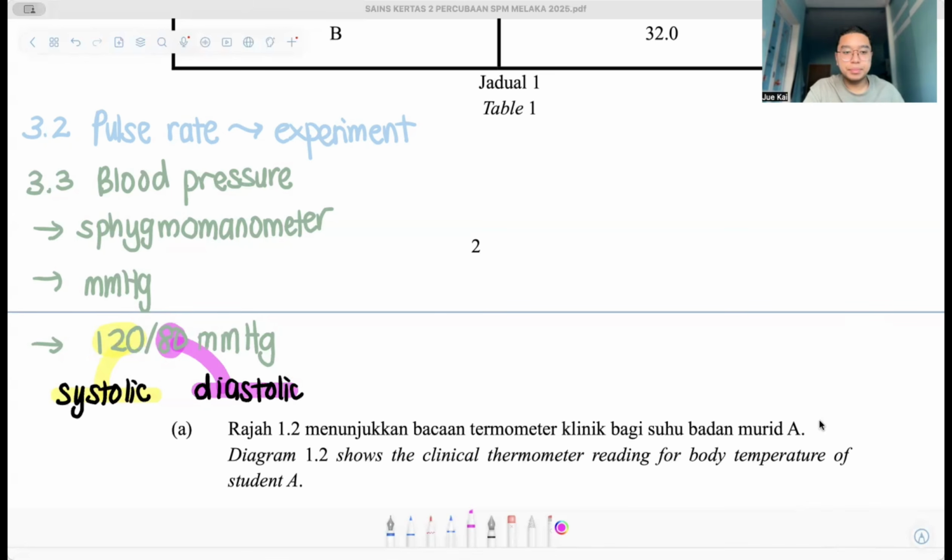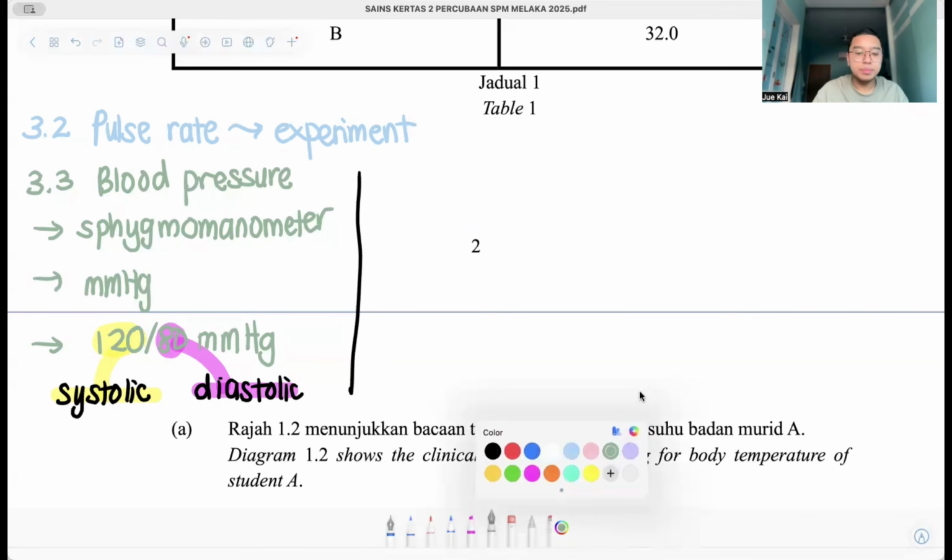All right. So this is just basic. I just shortcut everything. Okay. So for this chapter, you also need to know about the blood pressure reading. Okay.